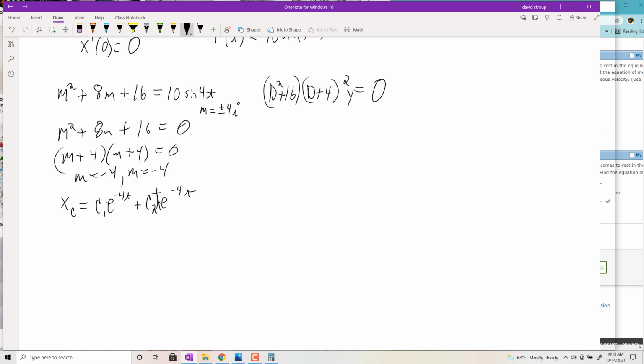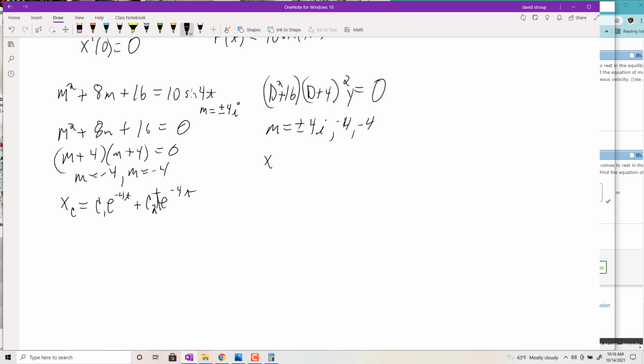So engineer the solutions of this differential equation, and you get roots plus or minus 4i, and then -4 and repeated -4.